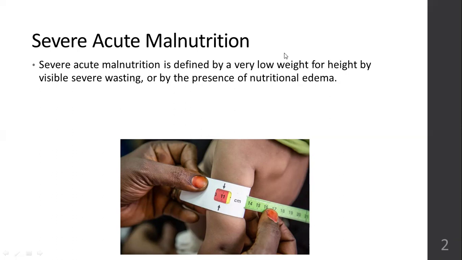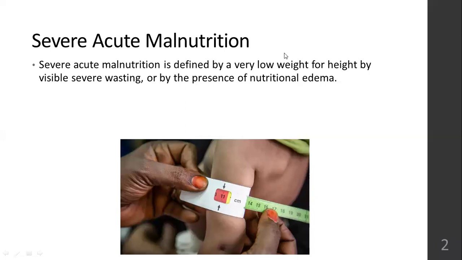If the child has not started walking, we measure the length of the child. Once the child is able to stand erect on their own and start walking, we measure the height of the child.